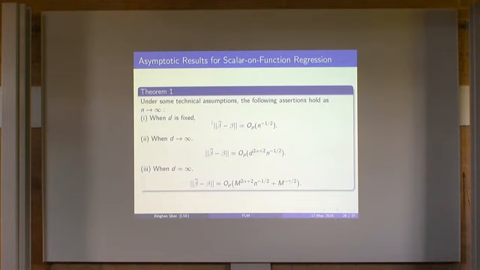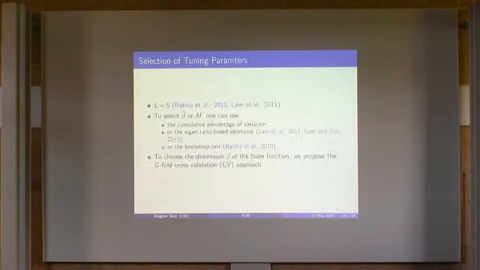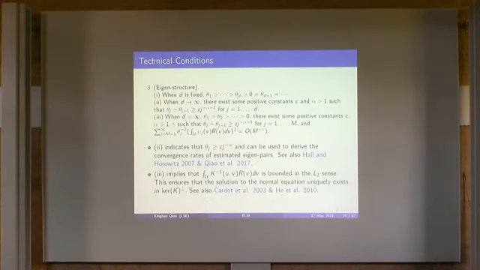Remind us what the gamma is again. Gamma is actually controlling the truncation error.